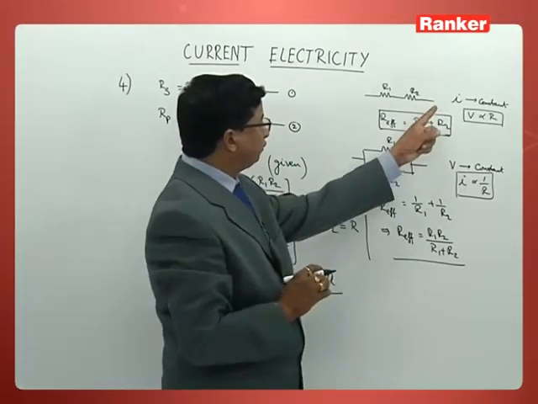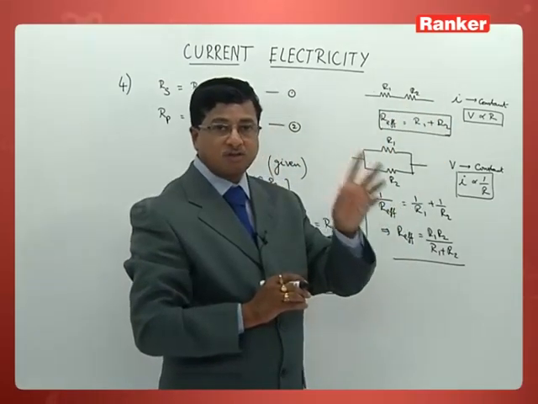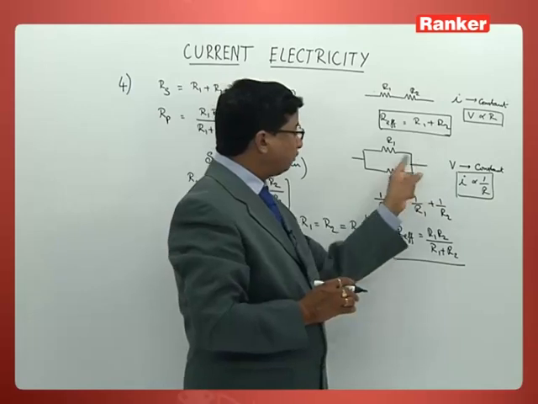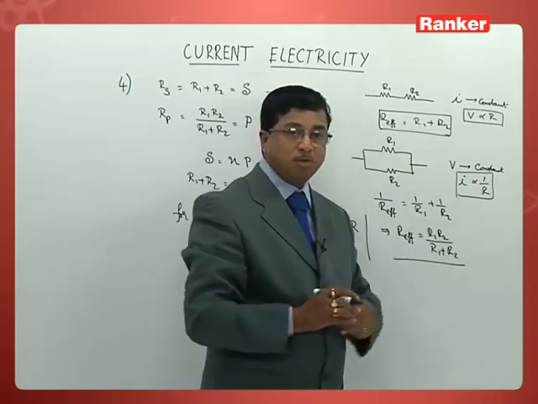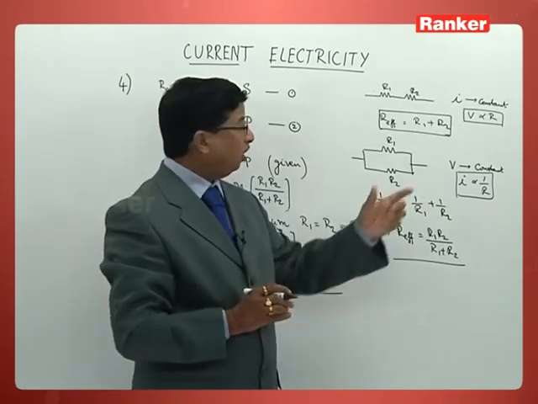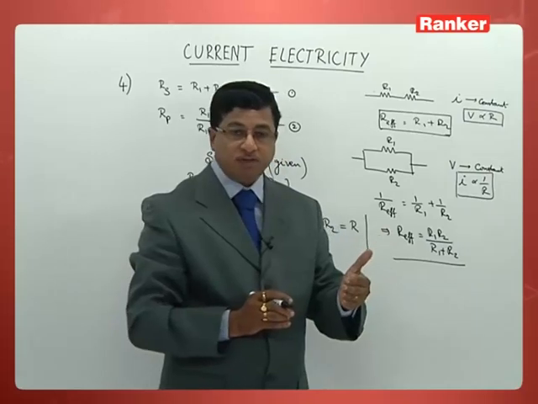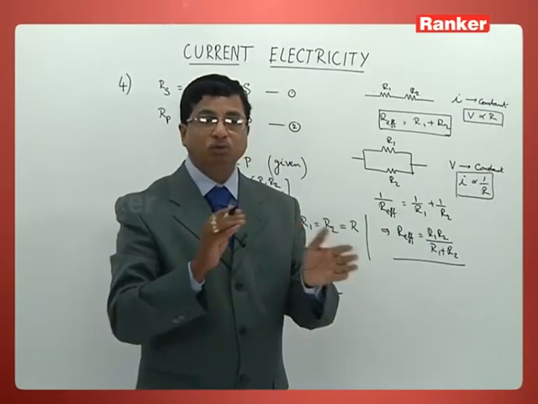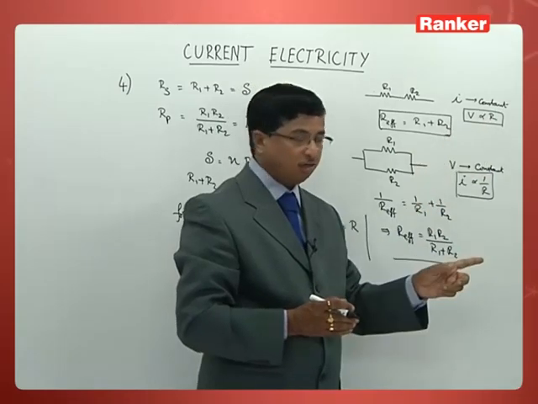So what is constant in series combination? It is current that remains constant. What is constant in parallel combination? It is the potential difference that remains constant. What are variables in series combination? Potential difference and resistance. How do they vary? They are directly proportional to each other.